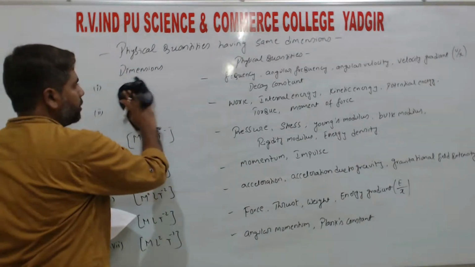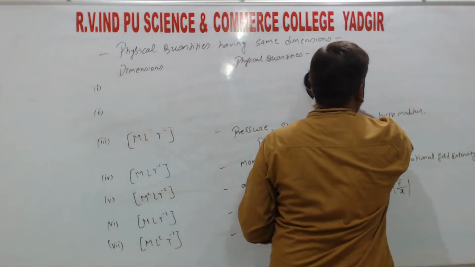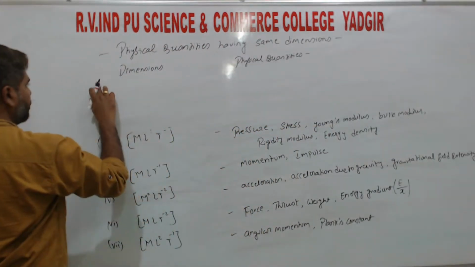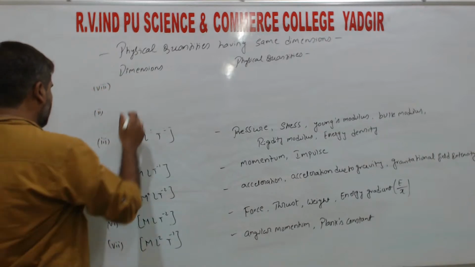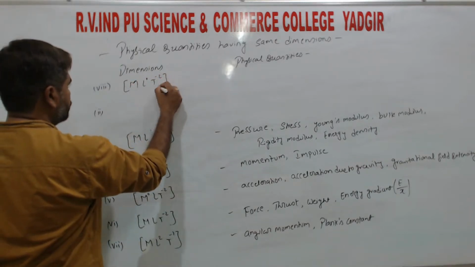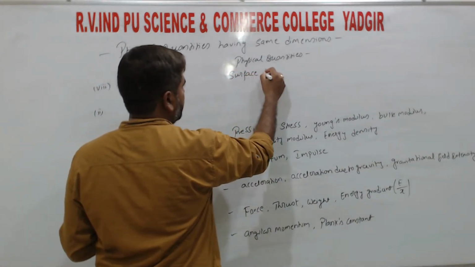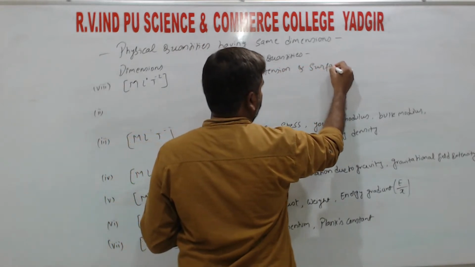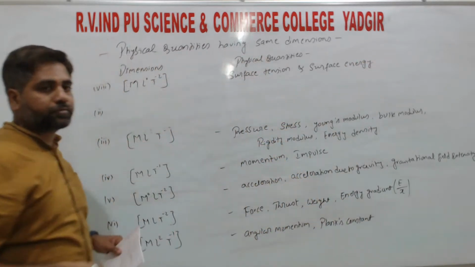So then we have M L0 T power minus 2. So this is for the surface tension and surface energy, right?